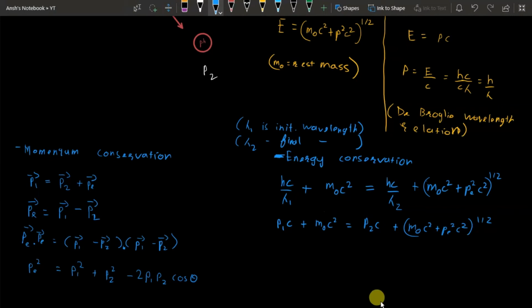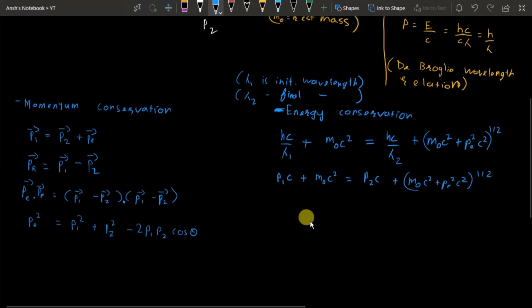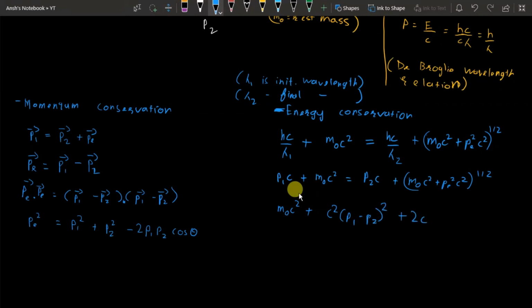Now what we'll do is we'll take the p2c term on the left hand side and we'll take the square on both sides of the equation. So what we end up getting is m naught c squared plus c squared p1 minus p2 the whole squared plus 2c m naught c squared p1 minus p2, and this entire thing will be equal to m naught c squared plus pe squared c squared.